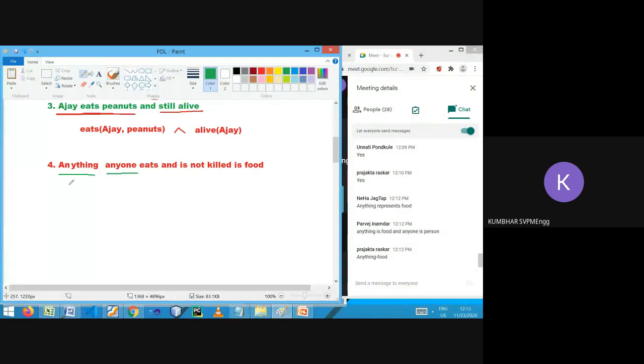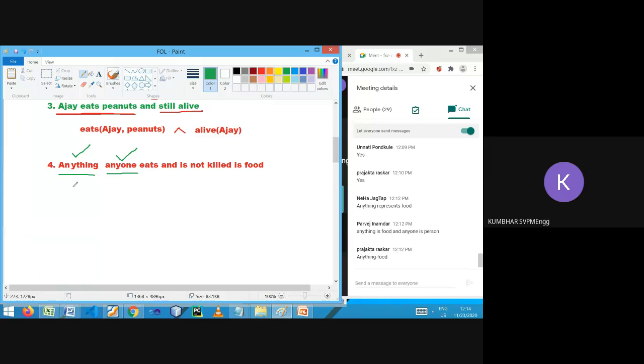Anything represents food. Perfect. And anyone represents the person. Very good. So this is food and this is person. Do you understand now? Here we have to use two variables, one for food and one for person.